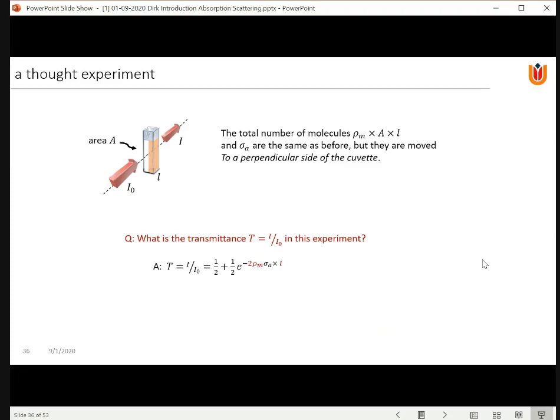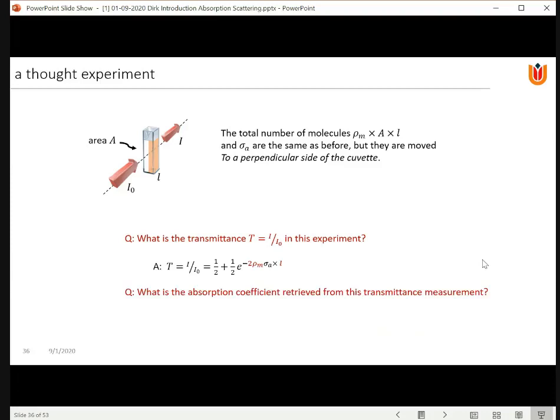But because we moved all the molecules that were originally in the cuvette, we again doubled the molecular number density, so that gives a factor 2 in the exponential. But now the interaction takes place over the whole length of the cuvette, so we have just a factor of L there. So it gets a bit of an ugly expression in this case.